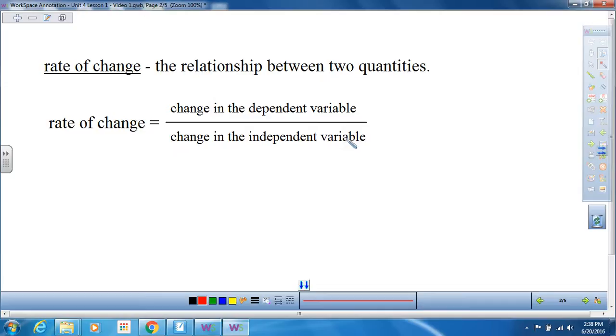So for example, if your two variables are time and distance, say x is your time, y is your distance, then your distance depends on your time. So how far you get depends on how long you're traveling.